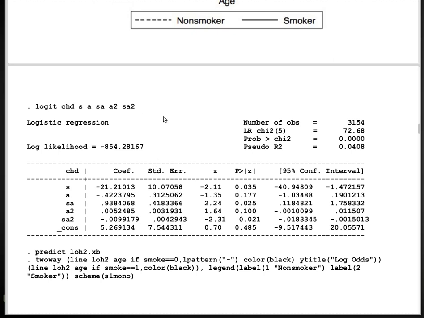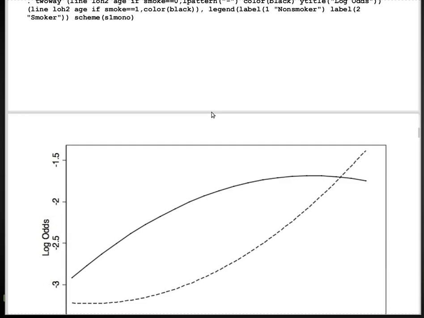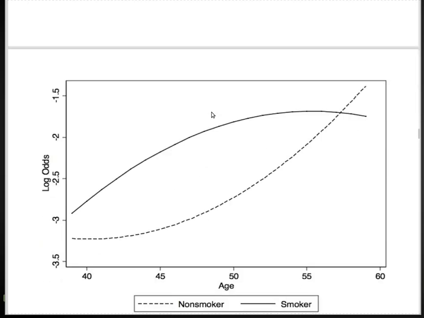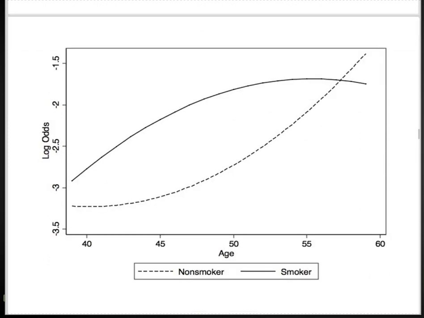And what does the visual look like now? Well, then we get this particular display. This is a phenomenon seen fairly often, actually, in health research. Differing forms of nonlinearity.